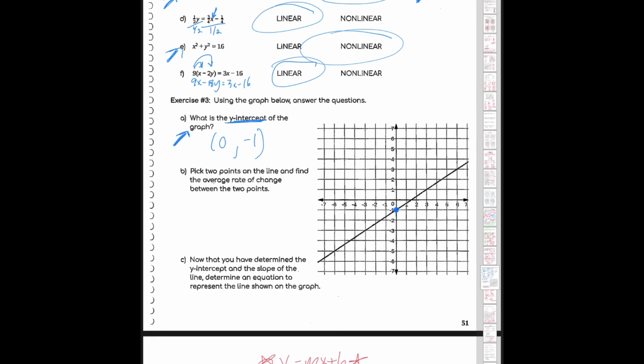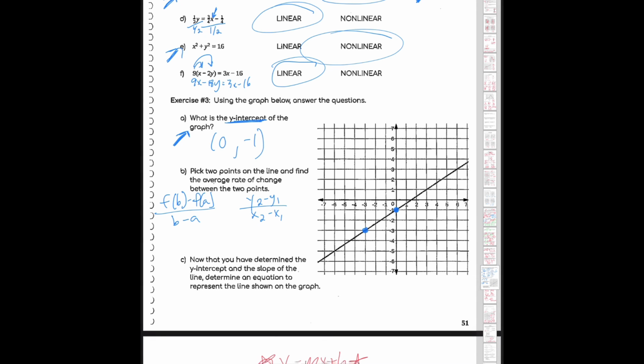So it says pick 2 points on the line and find the average rate of change between the 2 points. So remember, the rate of change was f of b minus f of a all over b minus a. The easy way to look at it would be we pick 2 coordinates and we do y2 minus y1 over x2 minus x1. We could also just look at the graph and count boxes between the points.